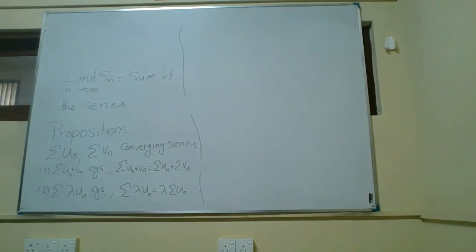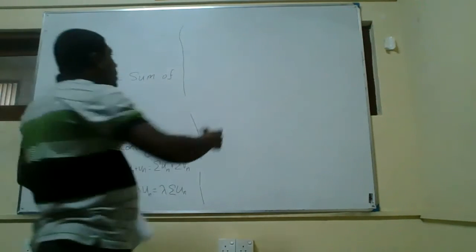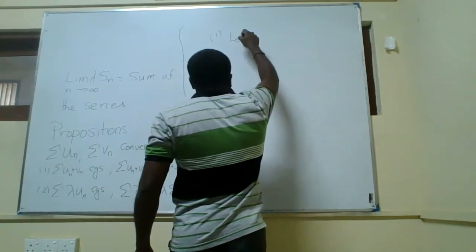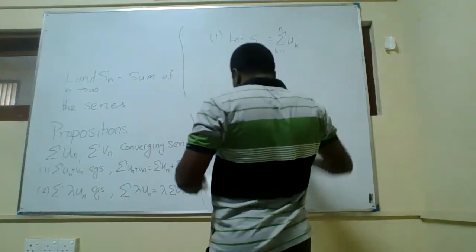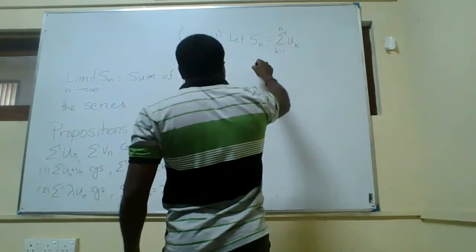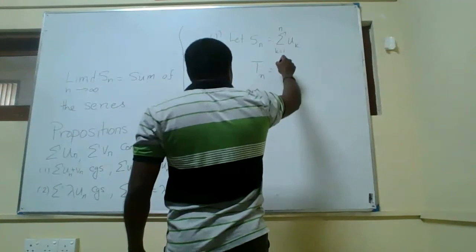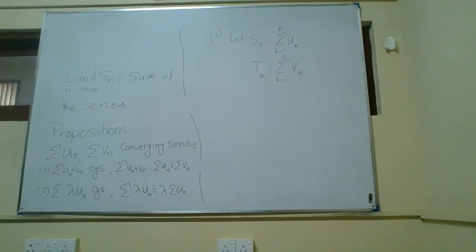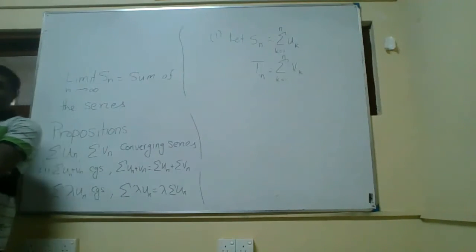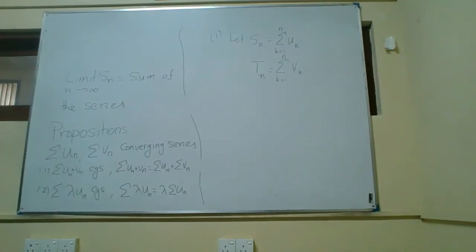So first we put partial sums. We define two partial sums: the partial sum for the series summation of uk, and the partial sum for the series summation of vk. Let Sn be the partial sum of the series uk, for k running from 1 to n, and Tn be the partial sum for the series summation of vk, for k from 1 to n.